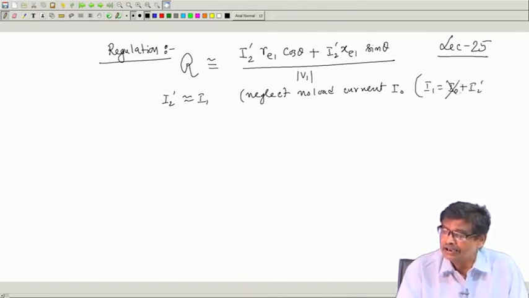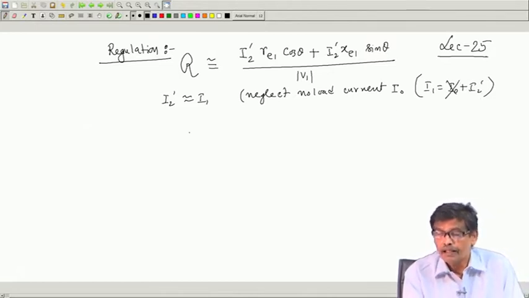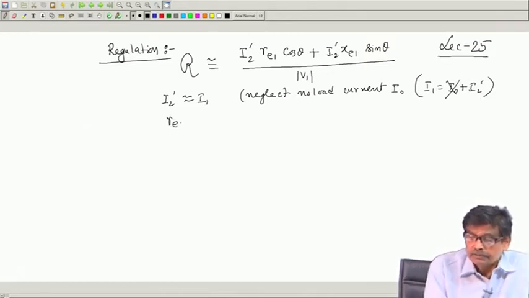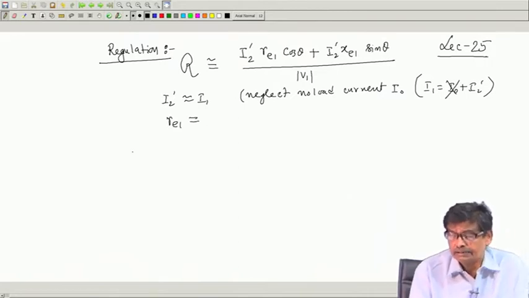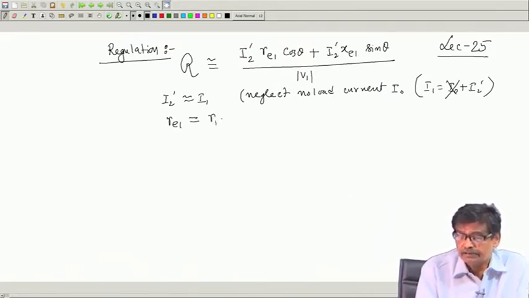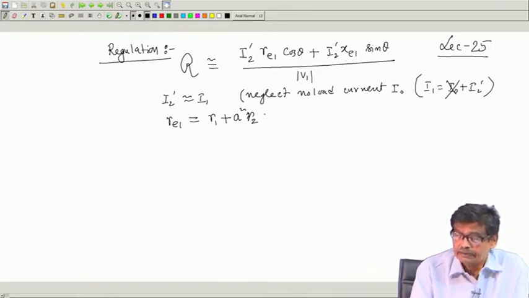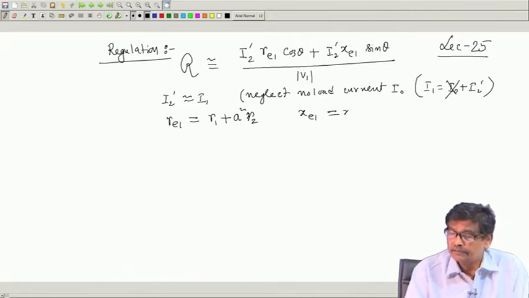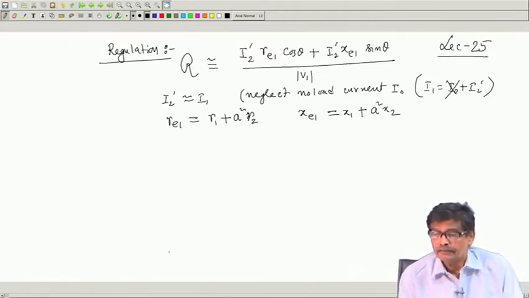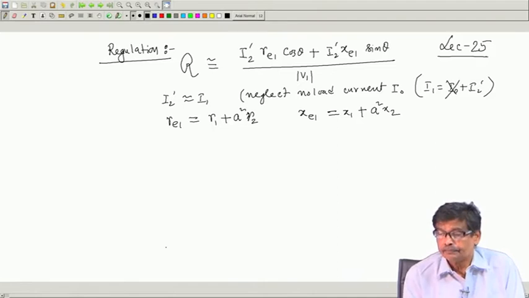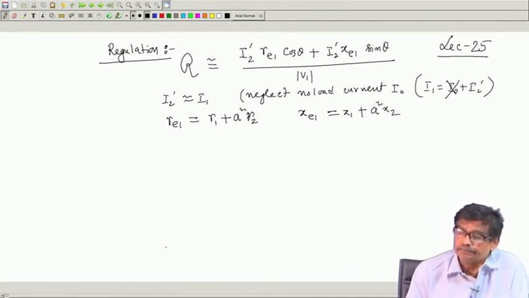So, if you neglect it, this is I1. Re1 is the equivalent resistance of the coils referred to the primary side, so this expression is referred to the primary side. Xe1 is equal to the leakage reactance of the primary side plus S squared into X2.